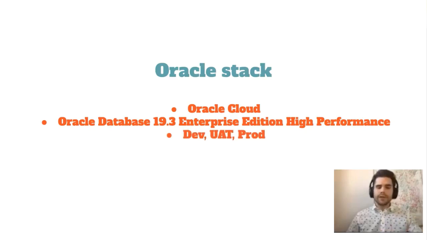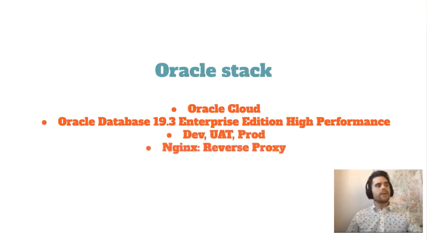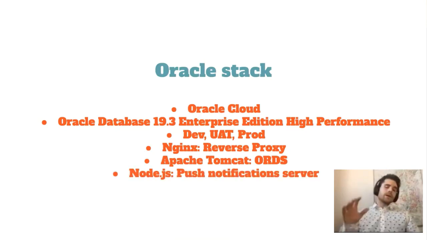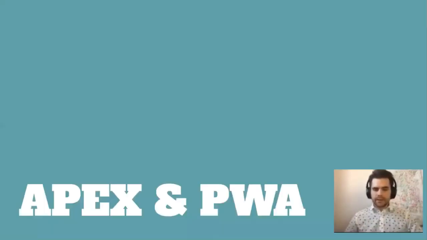We have 3 distinct environments: Dev, UAT, Prod. We use Nginx for reverse proxy, and we use Apache Tomcat to support ORDS. We also have a little Node.js server on the side to handle push notifications, which I will explain later in this webinar. Okay, so let's jump into the tech.